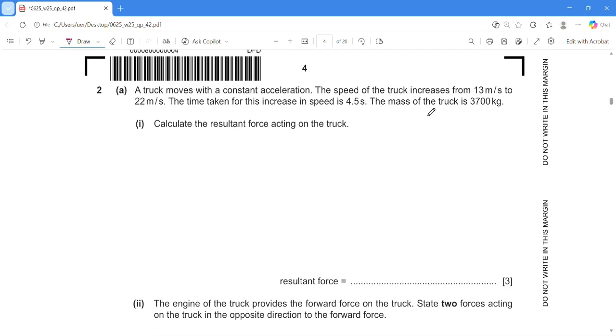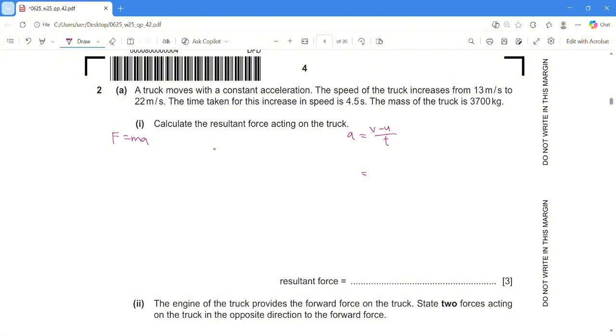Anyway, question number 2. A truck moves with constant acceleration. The speed of the truck increased from 13 to 22. Time taken, blah blah blah. Resultant force. So the force formula, F equals ma. Okay, but we don't have the acceleration here. So how do we find the acceleration? a equals v minus u over t.